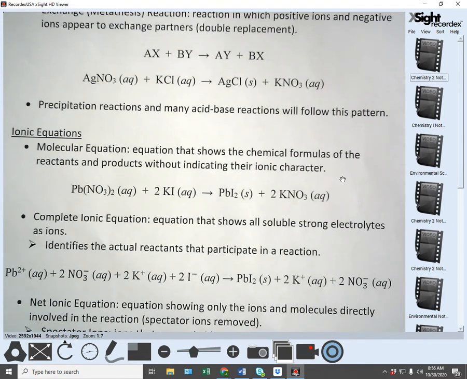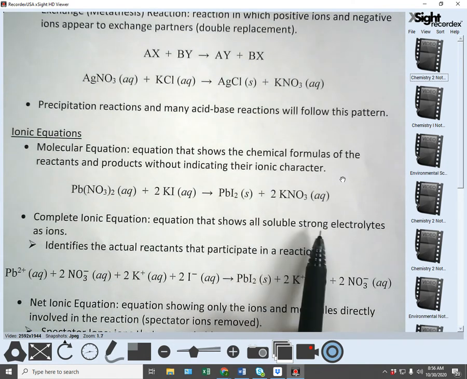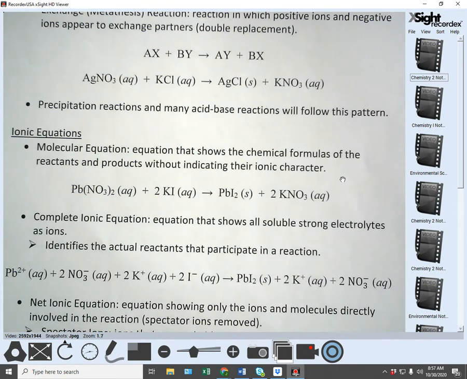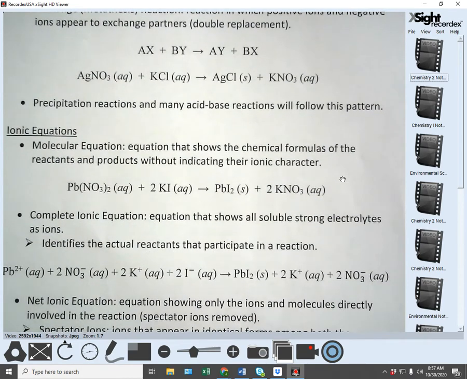That's what we're used to looking at and seeing. A complete ionic equation is an equation that shows all soluble strong electrolytes as ions. Okay, it breaks them up.